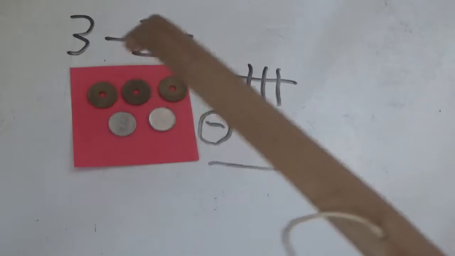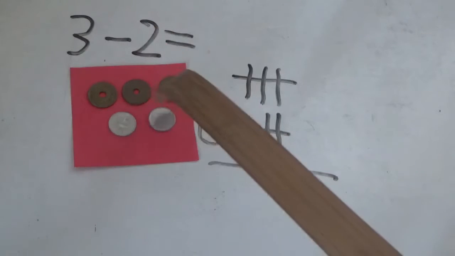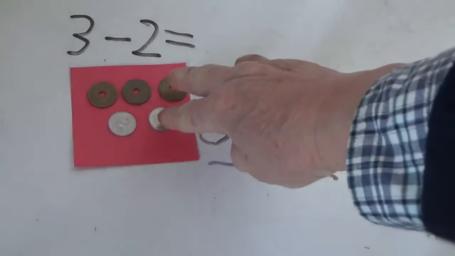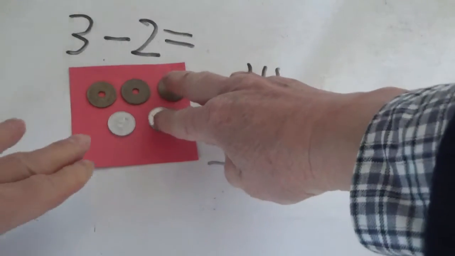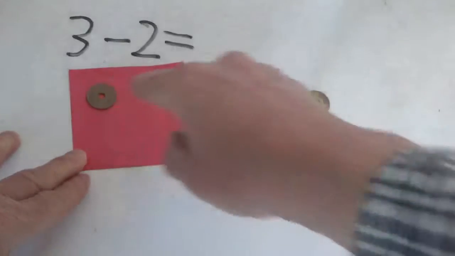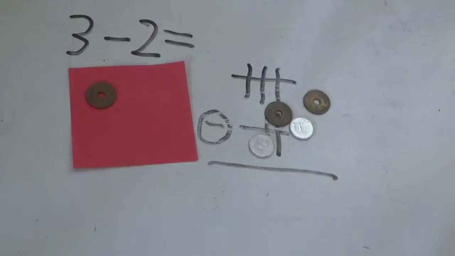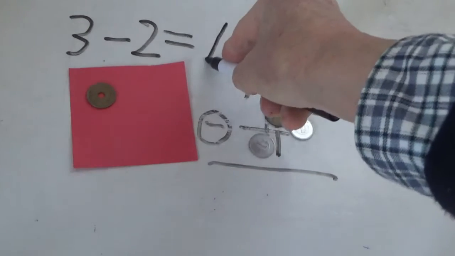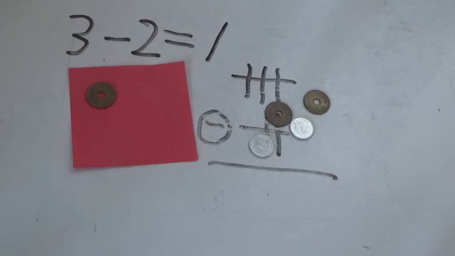I subtract 1 coin, 2 coins, and the remaining is 1. It is 3 minus 2 is 1.